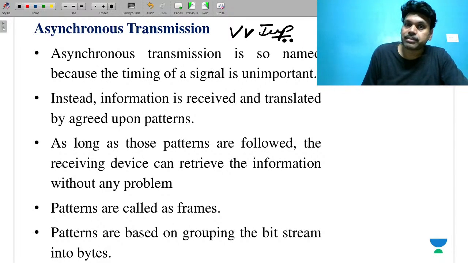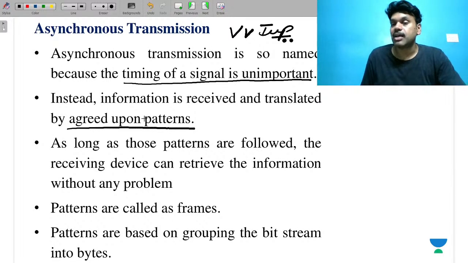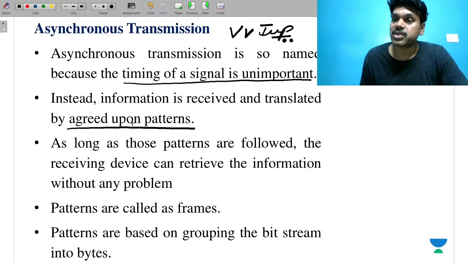When I say the timing of the signal is unimportant, we will not alert the other person that data is coming. Instead, information is received and translated according to an agreed upon pattern. This is very important. So the sender will alert the receiver that I am sending the data in the form of small boxes.